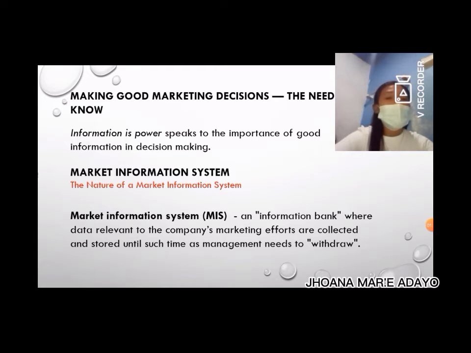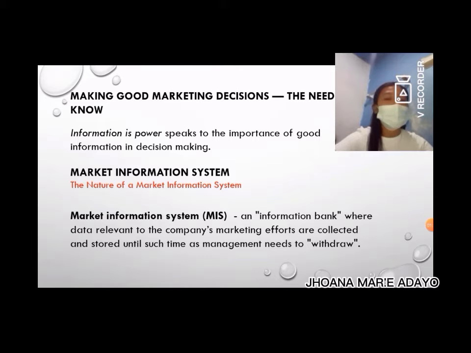So as the iPhone was being created and the marketing plan put together, marketing managers needed this information to make essential decisions.